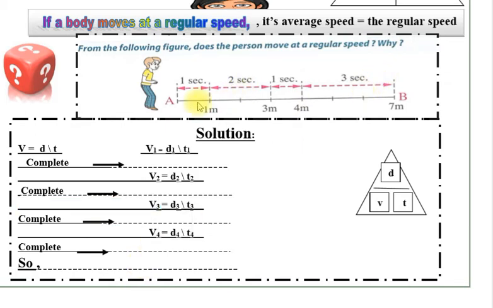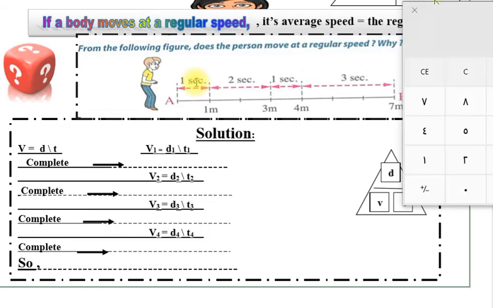The first speed we measure as V1 equals D1. What is D1? D1 is the first distance, that is 1 meter, divided by the first time, 1 second. So distance 1 divided by time 1 second equals 1 for the first speed. The first speed equals 1 meter per second.